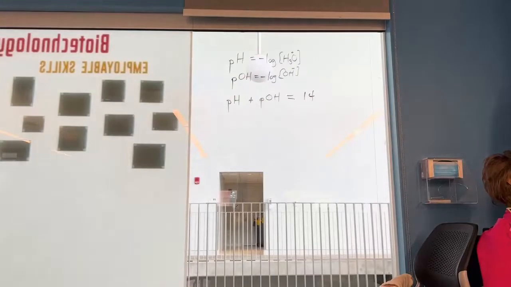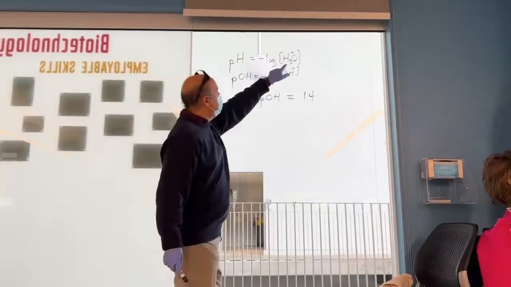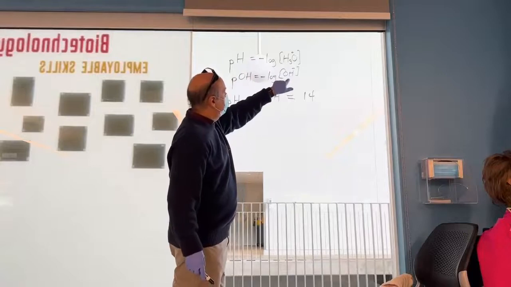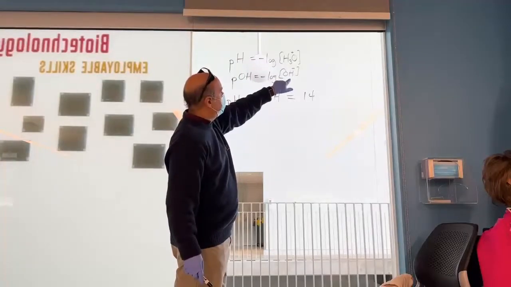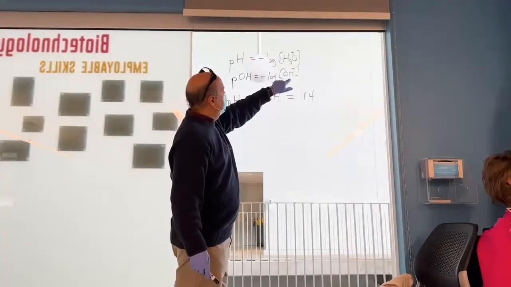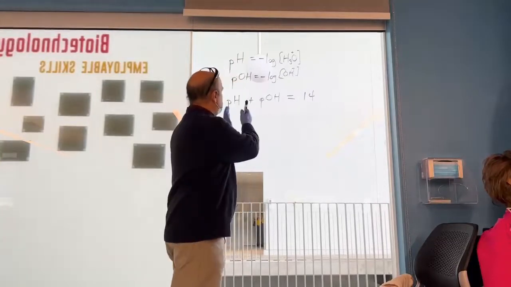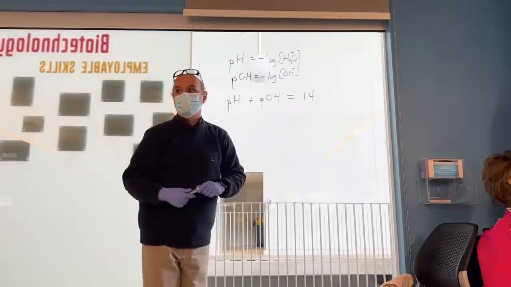Okay? So in pure water, we said that this concentration was 1.0 times 10 to the negative 7 molar, and likewise for the other. When we calculate the negative log, we get 7, so 7 plus 7, 14.